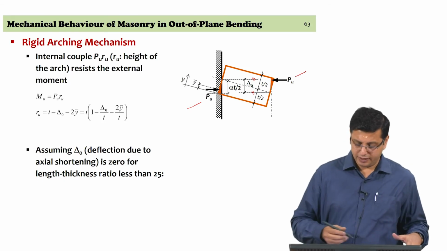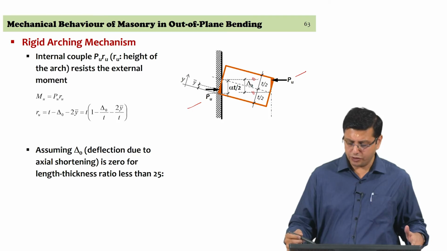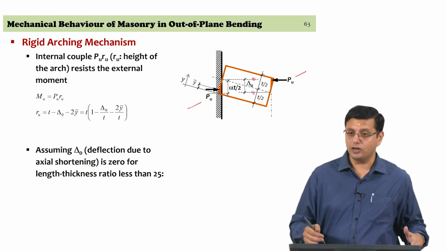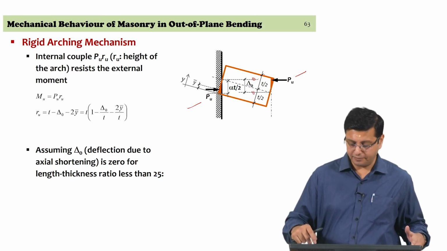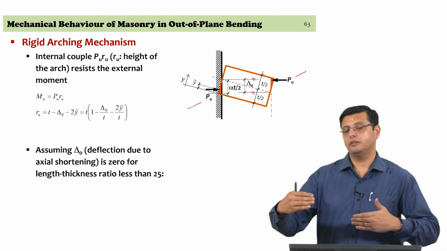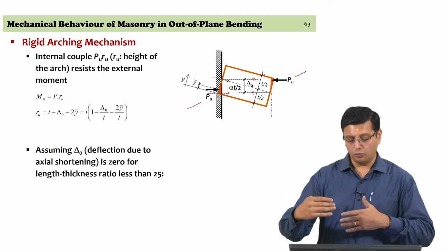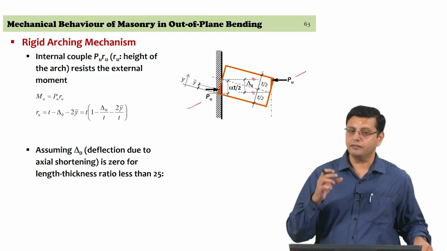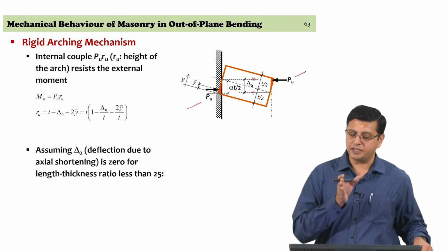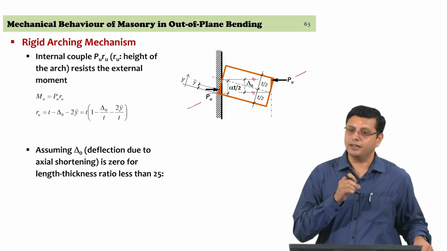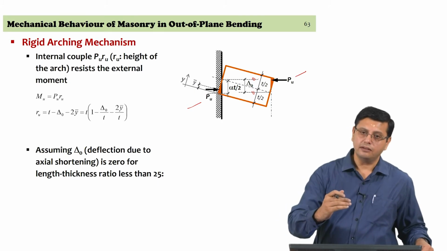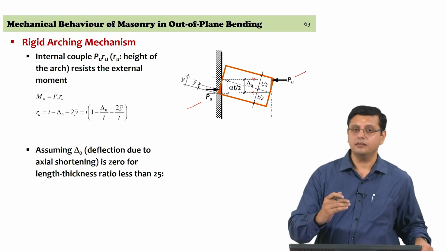So, Ru in this case is going to be the delta naught, which is the total midspan deflection that you are getting, subtracted from the cross section of the wall itself T. Again, since we are assuming that the cross section in contact is not a hinge but is a finite length, we need to know where the resultant is sitting.